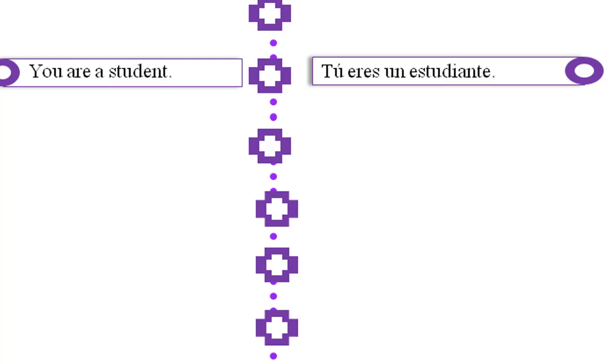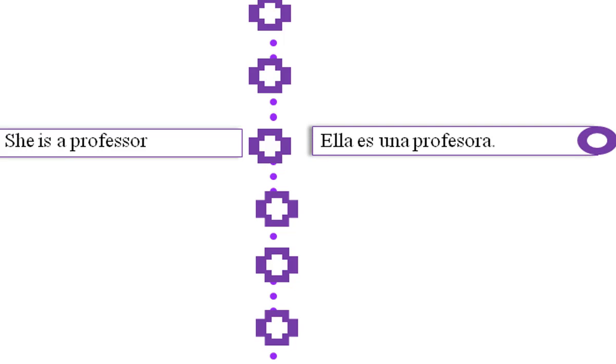Tú eres un estudiante. Estudiante is for student. She is a professor. We're talking about profession. She is ella, and third person form of ser is es. Ella es una profesora.